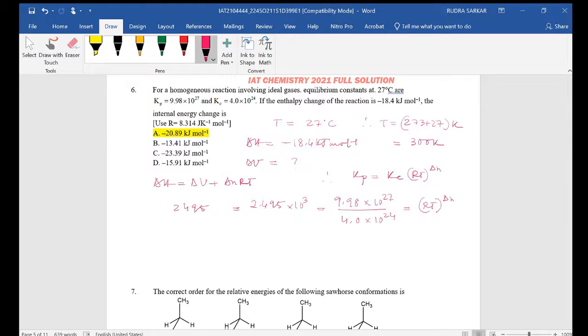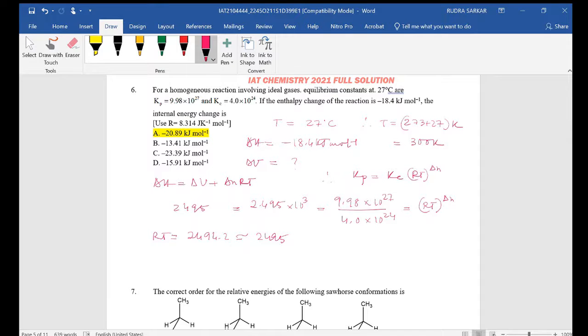Now, let us understand one more thing, that if we multiply 300 with 8.314, that means simply the value of R into T, it comes out to be 2494.2, that is almost very much equal to 2495.